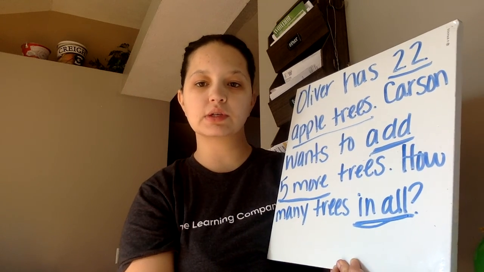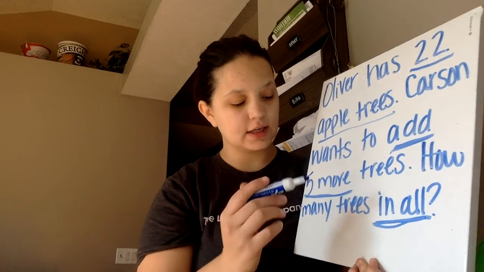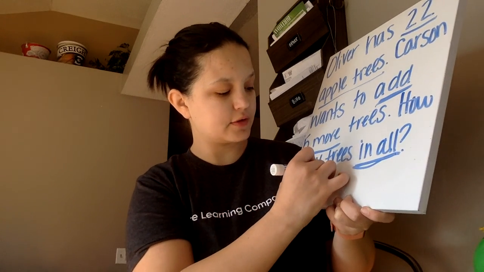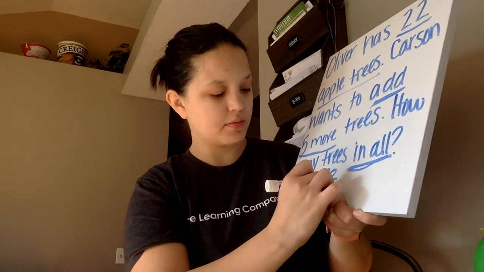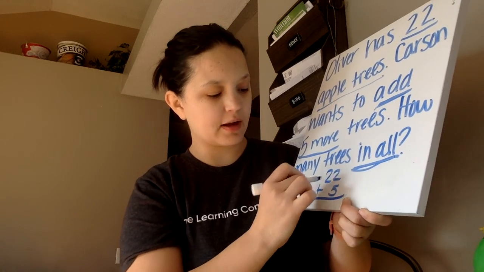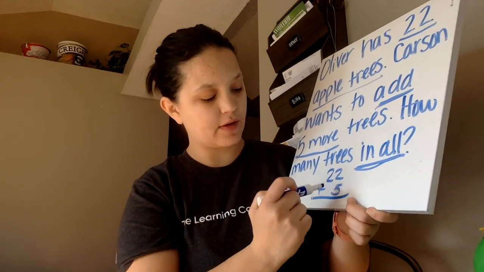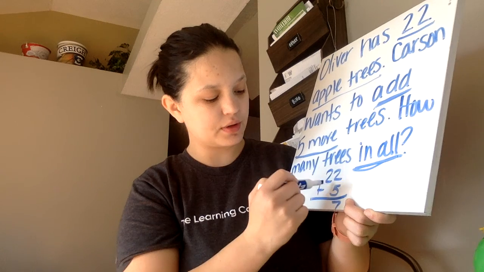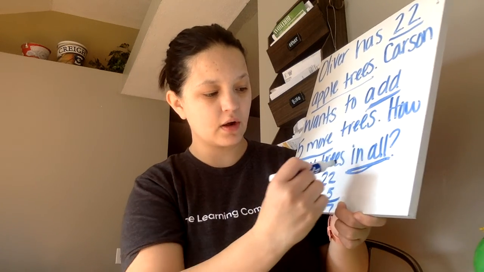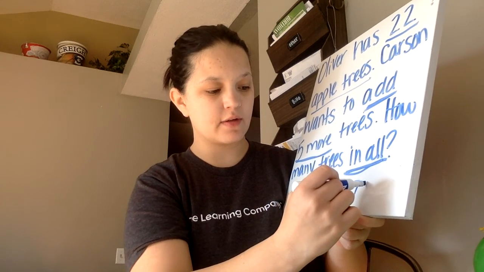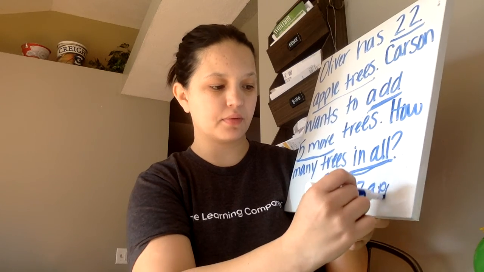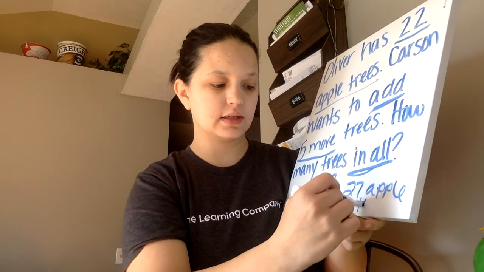So those are going to tell me that it is addition. So I have 22 plus 5. I look at my ones. 2 plus 5 is 7. 2 plus 0 is 2. So he has 27 apple trees.